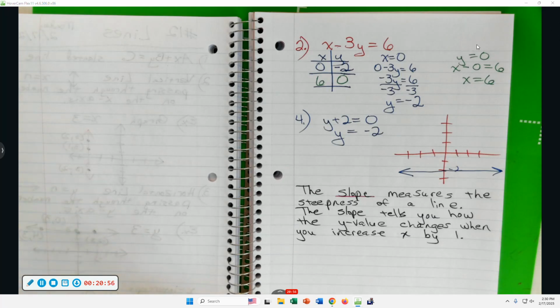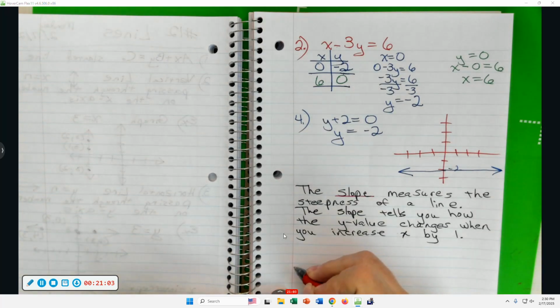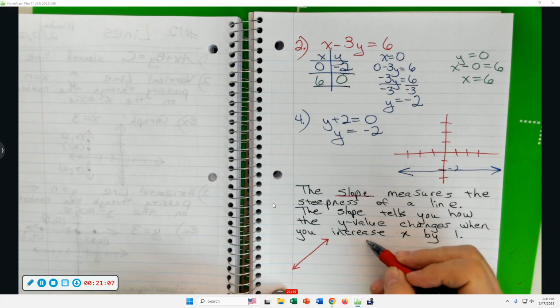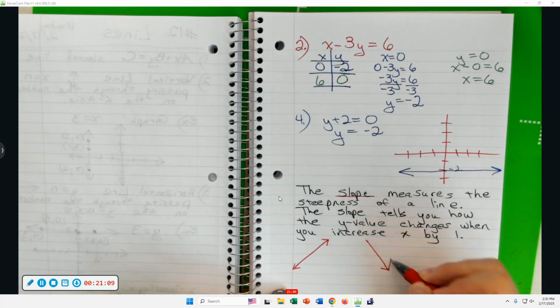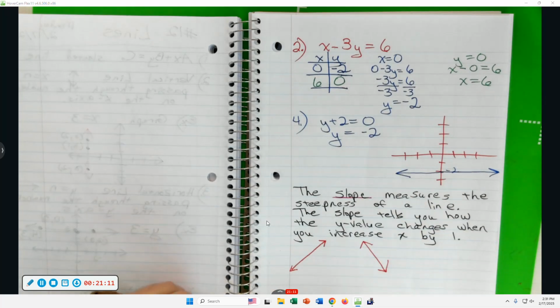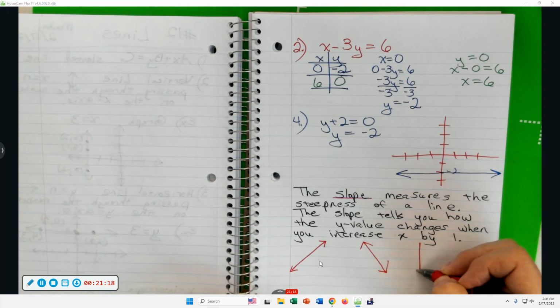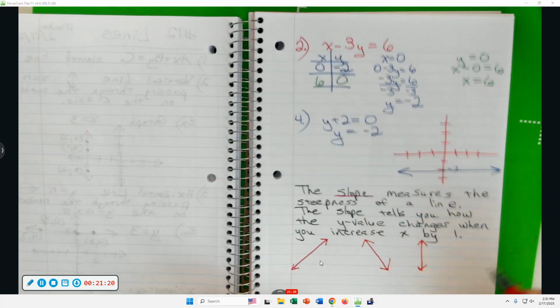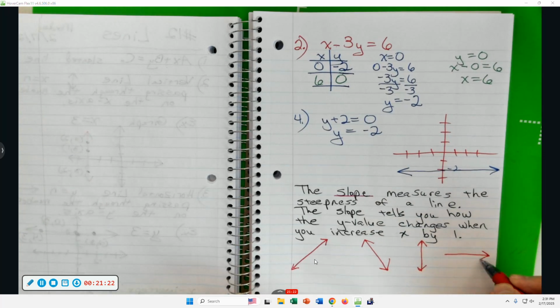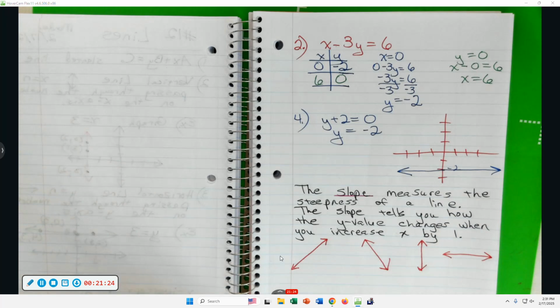If you're looking at a slanted line, there are two possibilities. Either it can be rising from left to right, or it can be falling from left to right. There are also two special cases, a vertical line and a horizontal line. Those are the four possibilities when you're looking at lines.